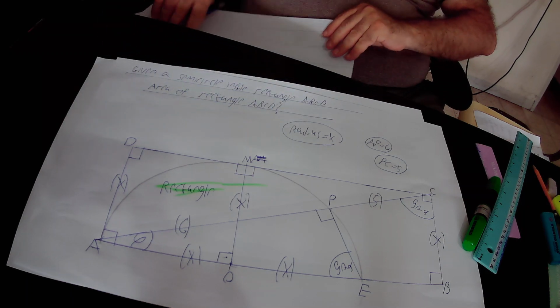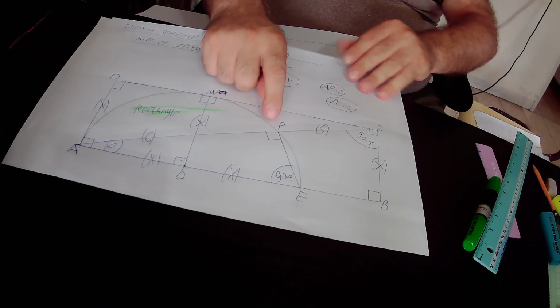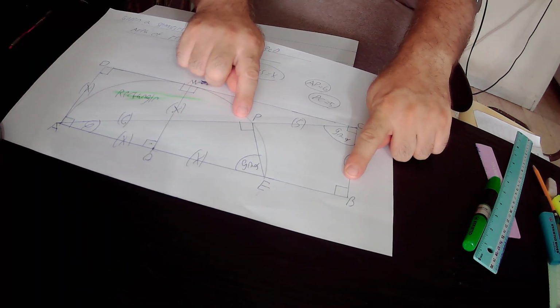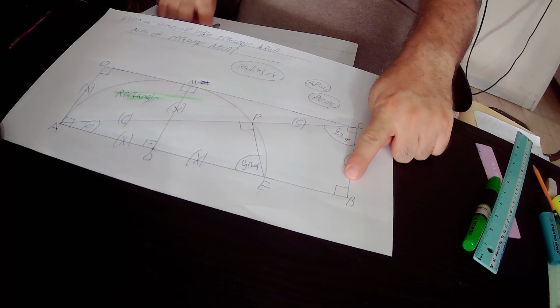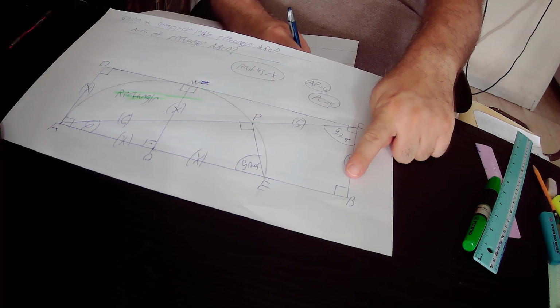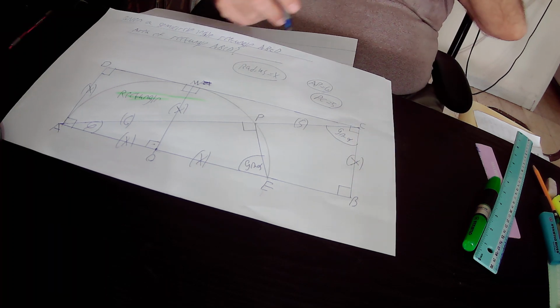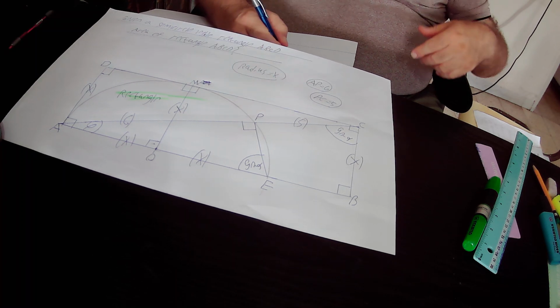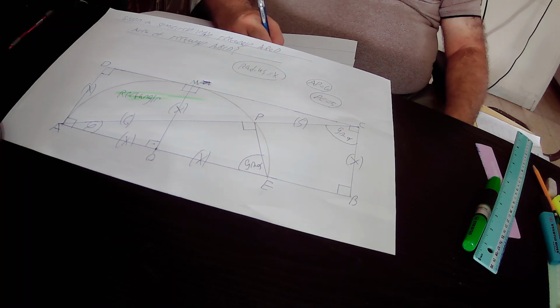In addition, those two angles are both equal to 90 degrees and they are equal to each other. So actually this is angle ABC in the right triangle ABC, and it is equal to this angle, that is actually angle APE in the right triangle APE.